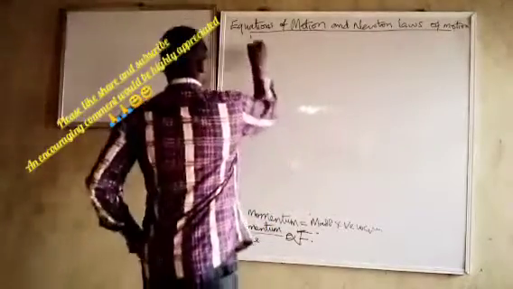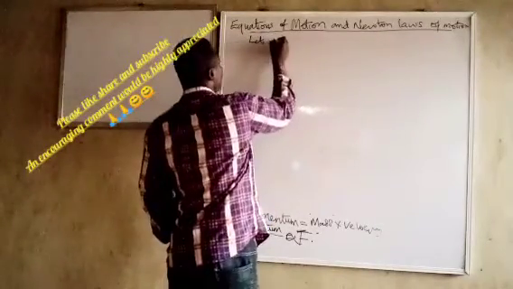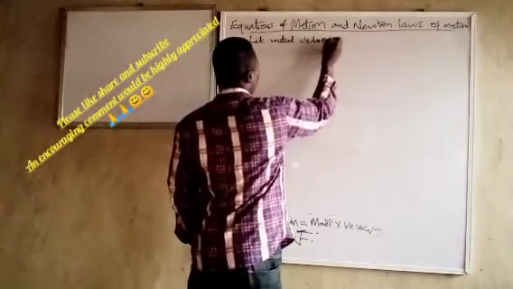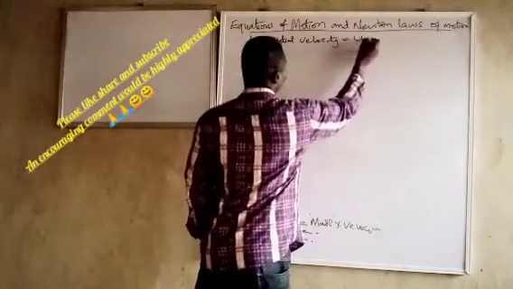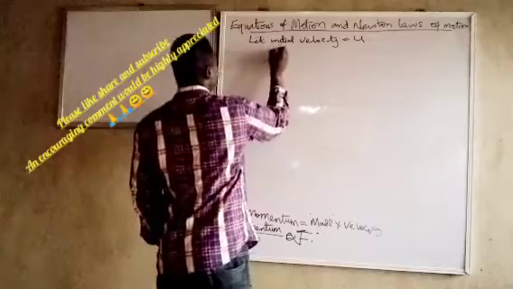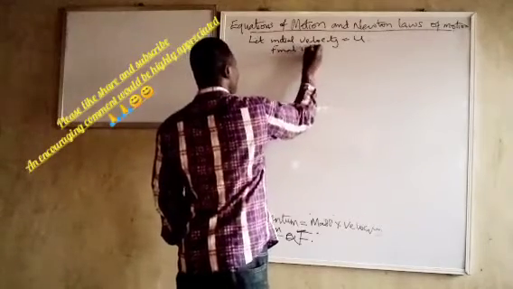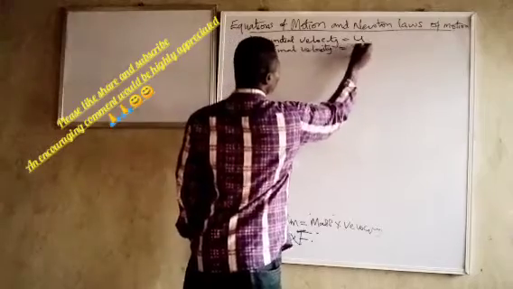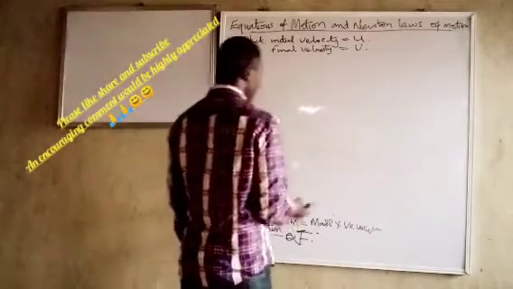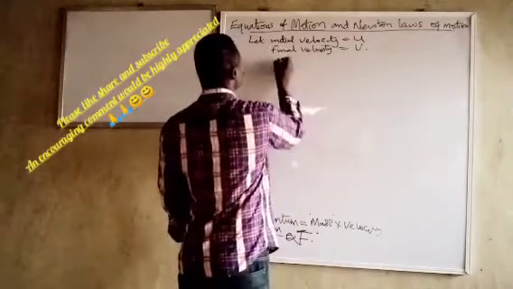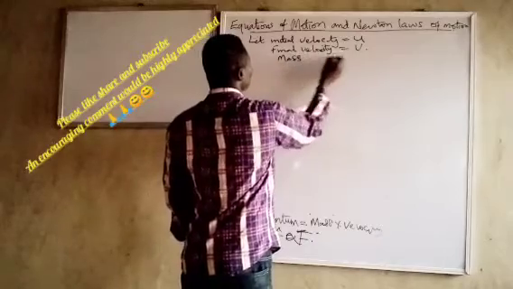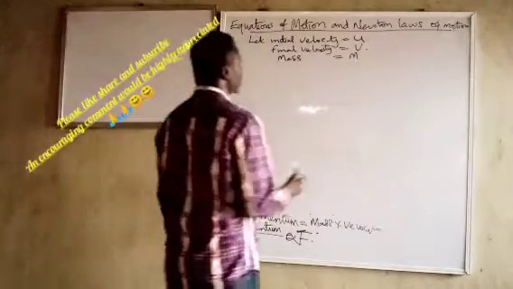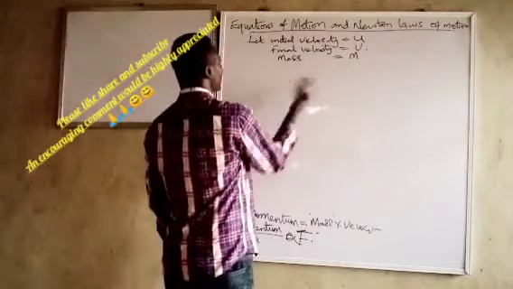Let initial velocity be equal to u, final velocity be equal to v, and mass be equal to m in kg. Those are the units. Now, what is our change in momentum?